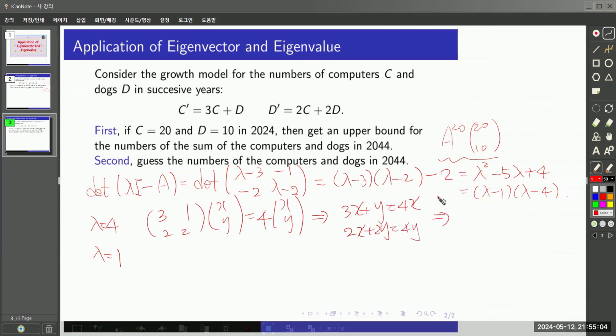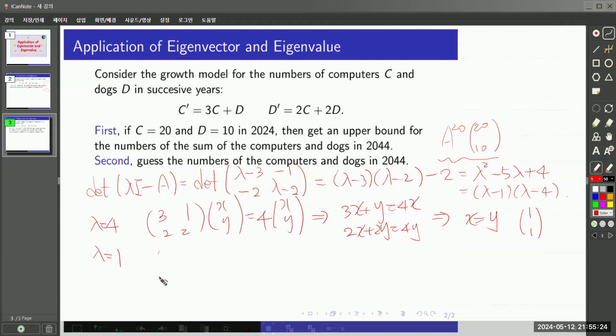From this system of linear equations, you will get x equal to y. So you can guess the eigenvector (1, 1) corresponding to eigenvalue 4.